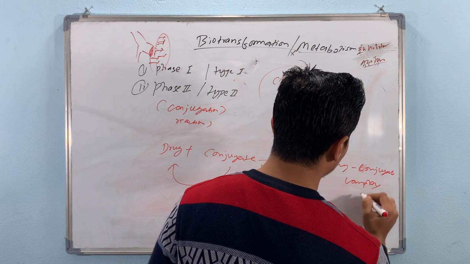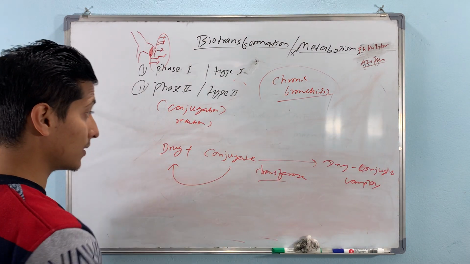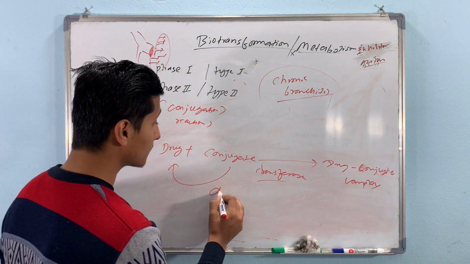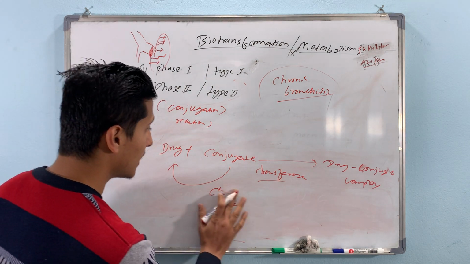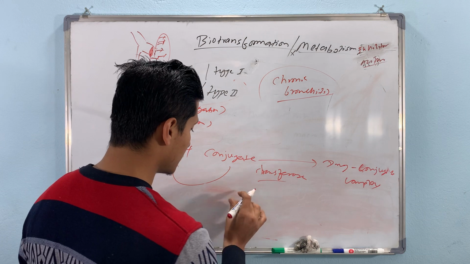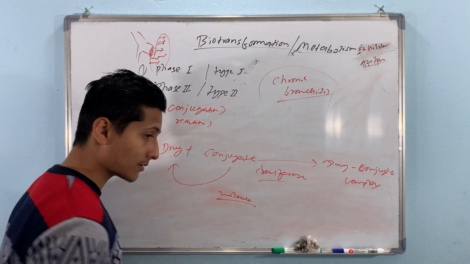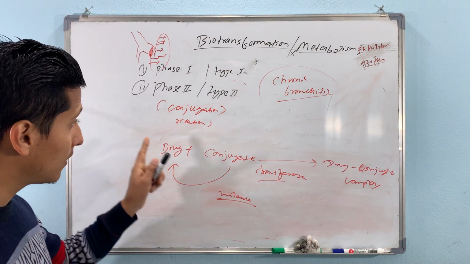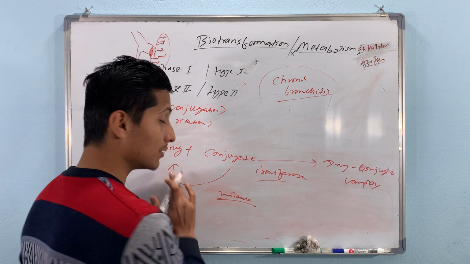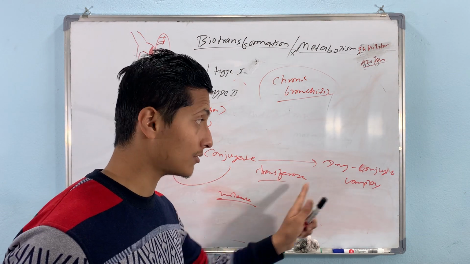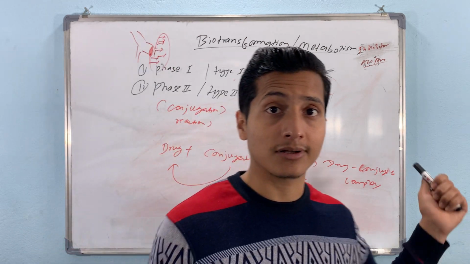Any biological molecule present in the blood that is getting transferred onto the drug is called a conjugate. So the conjugate is transferred to the drug by the enzyme transferase, which results in a drug conjugate complex, and that's called a conjugation reaction.